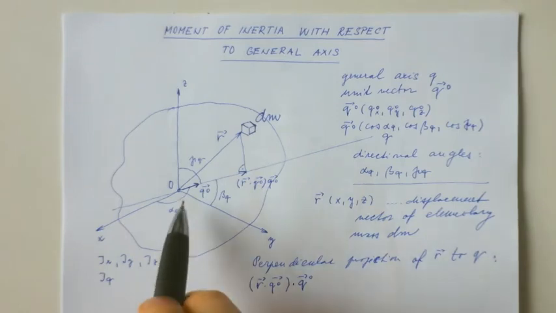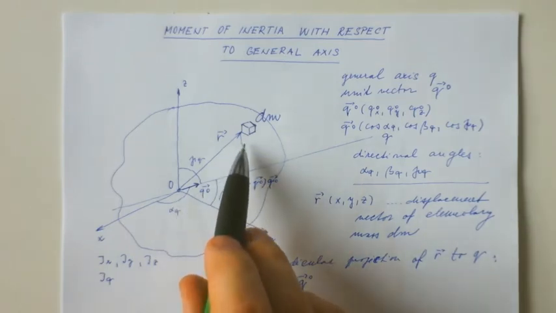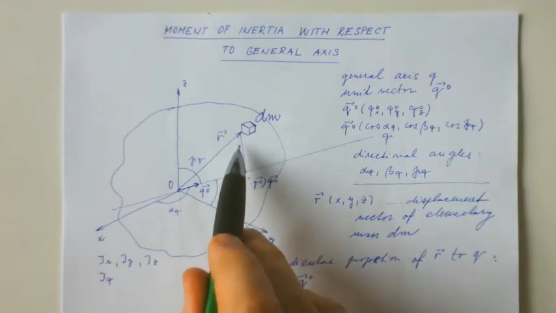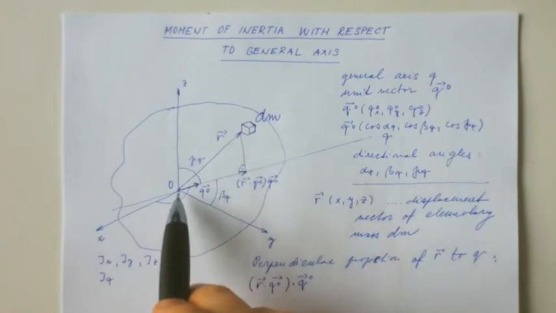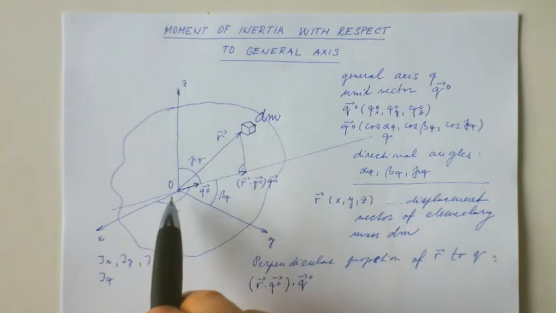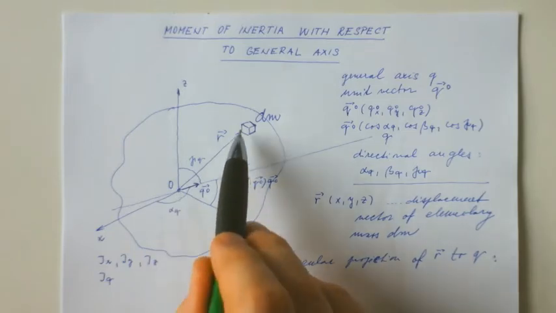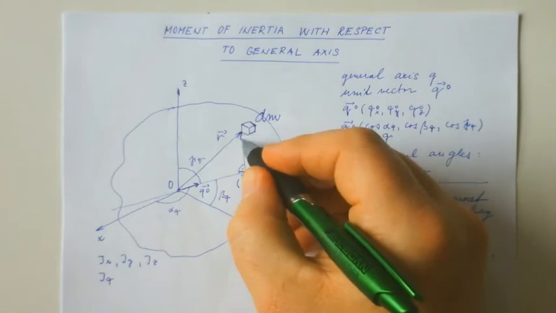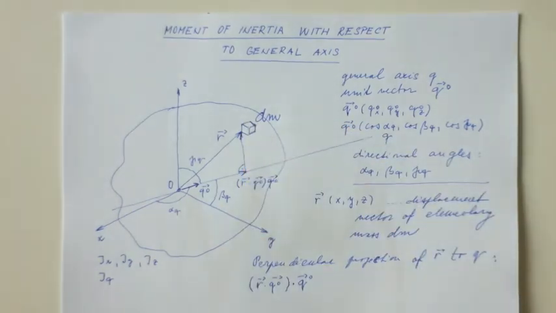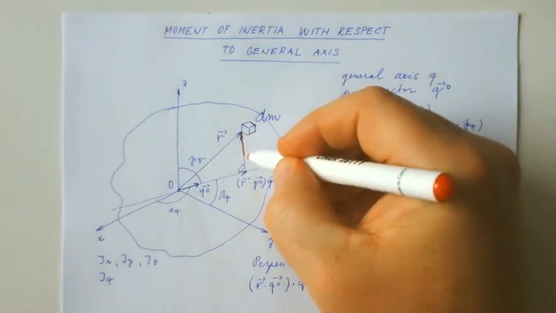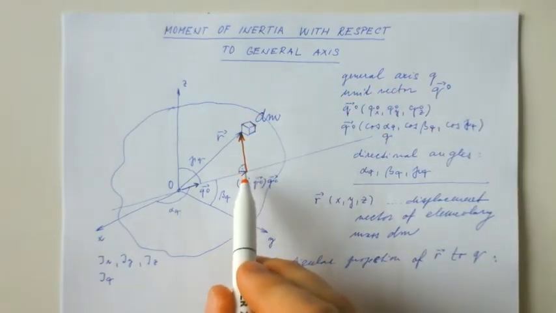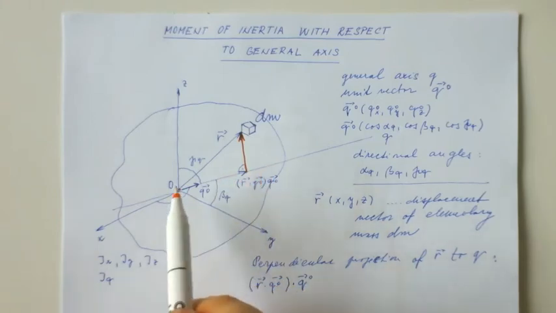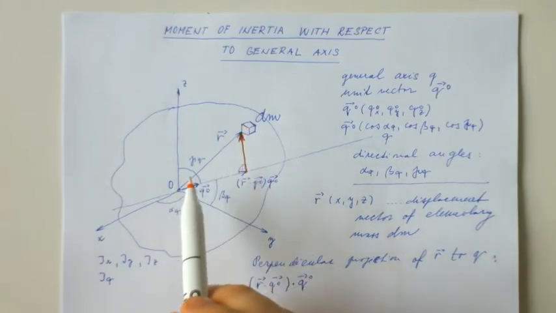If we look well, we can see that, if we denote this vector somehow, this vector plus this vector is this vector. I can draw it in red to make a difference. This is the vector we need, a vector finally perpendicular to the q-axis, and this vector plus this vector is this vector.